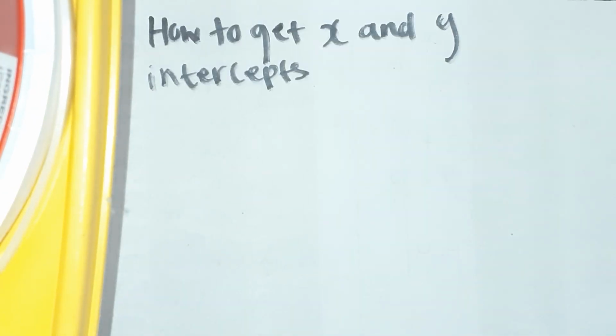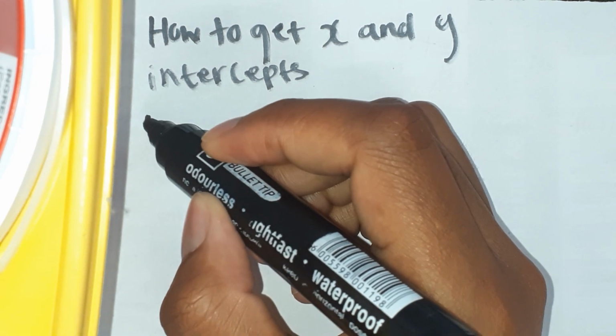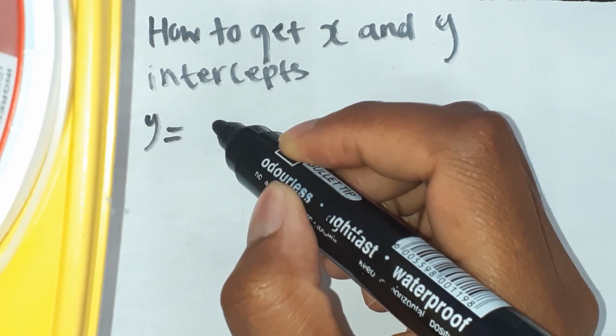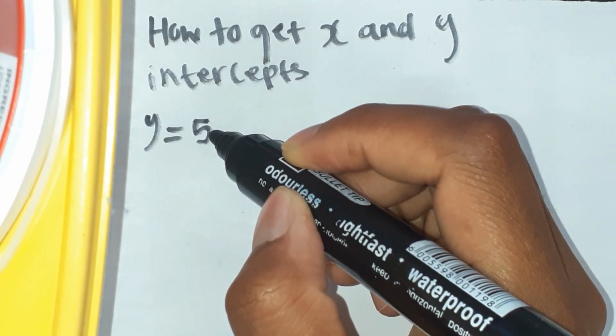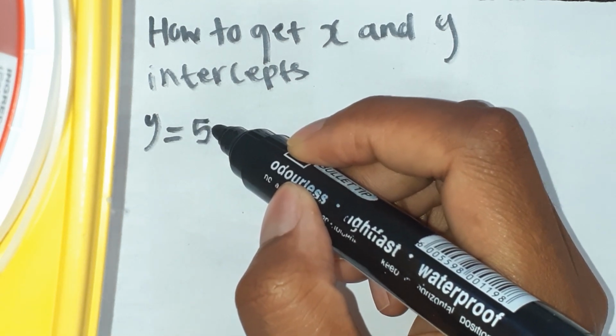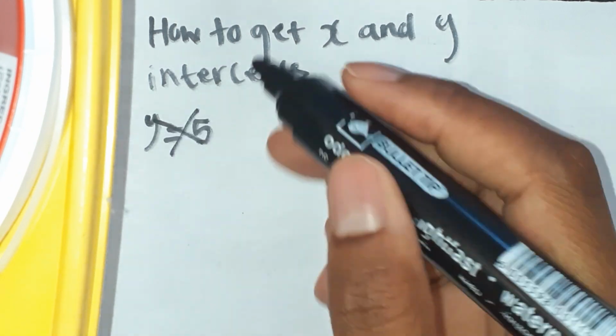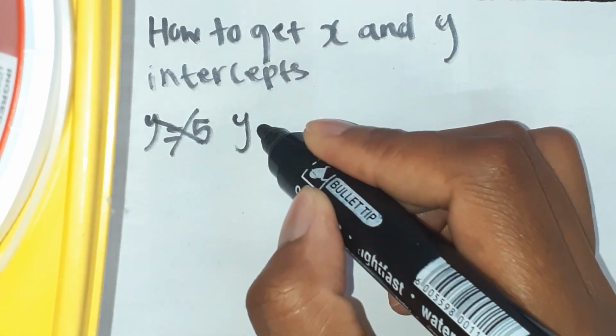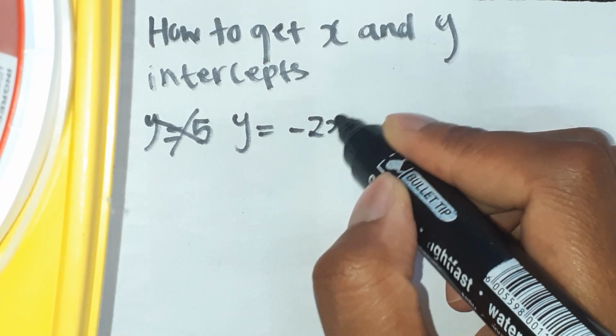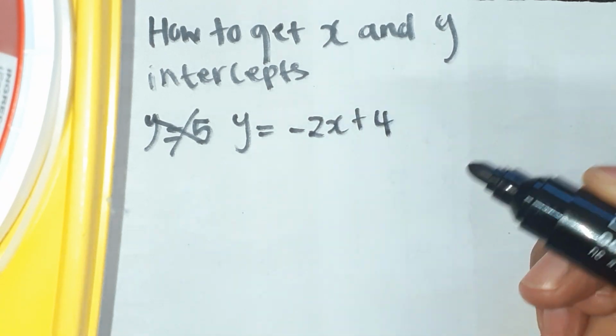Okay, still on linear patterns, how to get x and y intercepts. So we're given a graph, a straight line, and you are given the equation. Let's say y equals negative 2x plus 4.